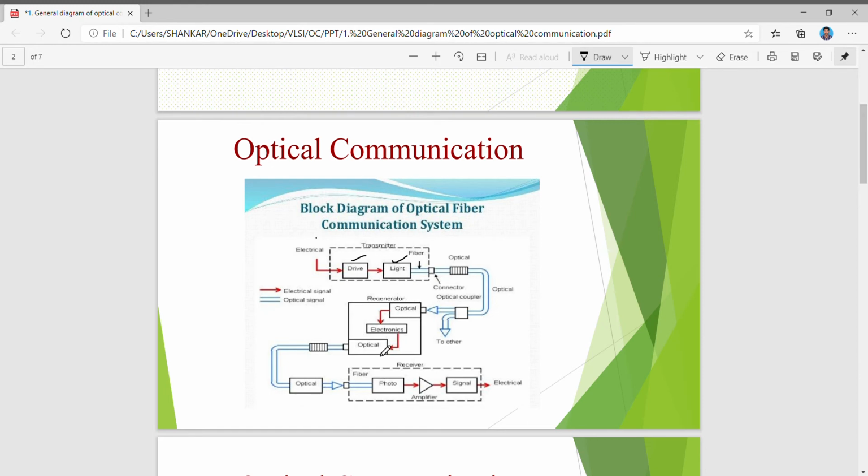The regenerator regenerates the signal and finally it is applied to the receiver section. In the receiver section, the optical signal is converted back to electrical signal form.